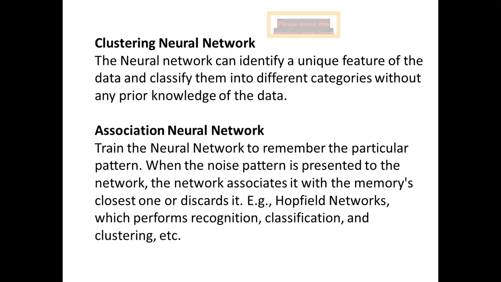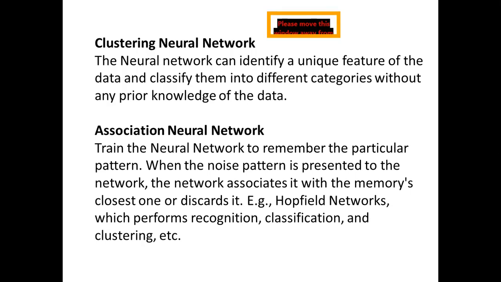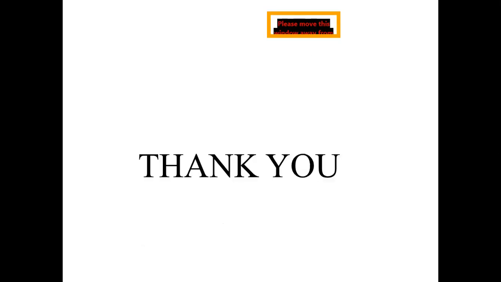We also covered the different terms used in artificial neural networks and how they are differentiated based on parameters. We discussed the different learning techniques available in neural networks, and finally the different techniques of neural networks. For example, we have four techniques: classification neural network, prediction, clustering, as well as association. Thank you all. Thank you very much.